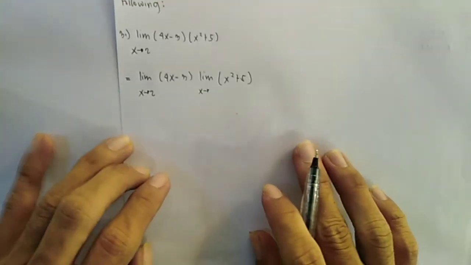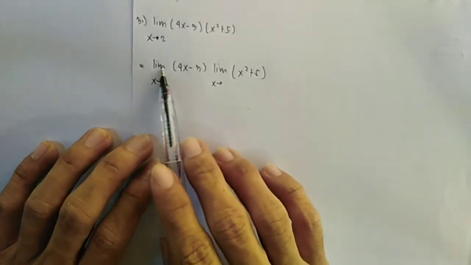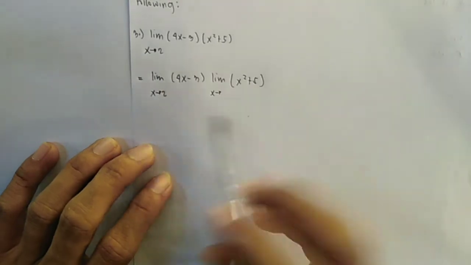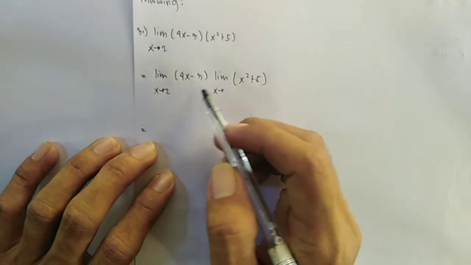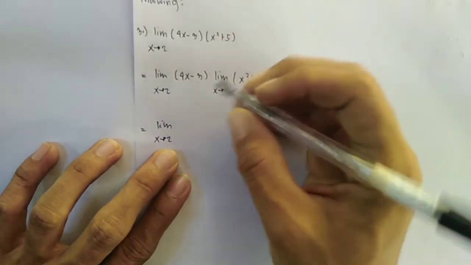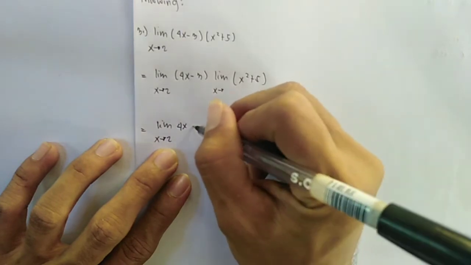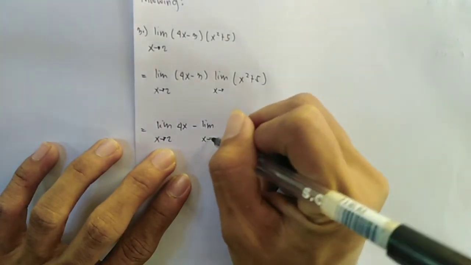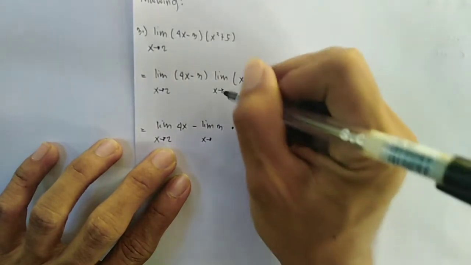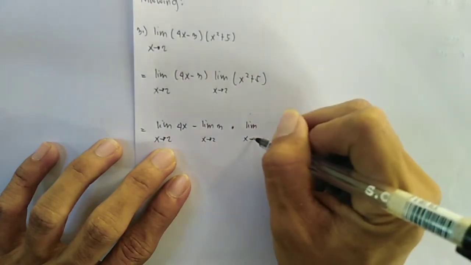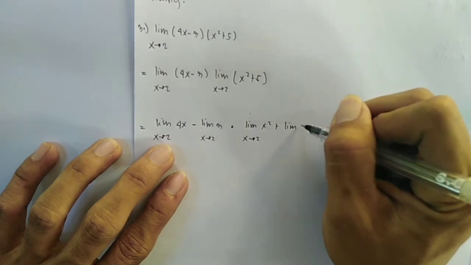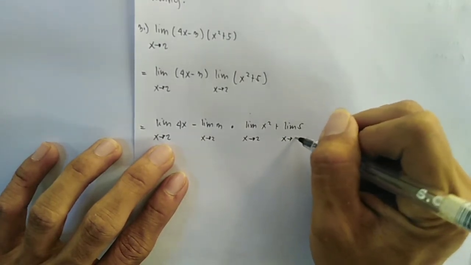Okay, that's it. Now, after distributing this into two expressions which are multiplied, distribute again the limit notation to each term of the expression or the function. So we have the limit of 4x minus the limit of the constant 3 times the limit of x squared plus the limit of the constant 5 as x approaches 2.